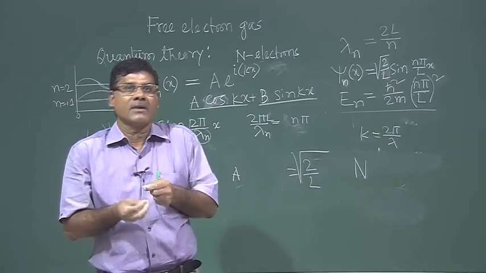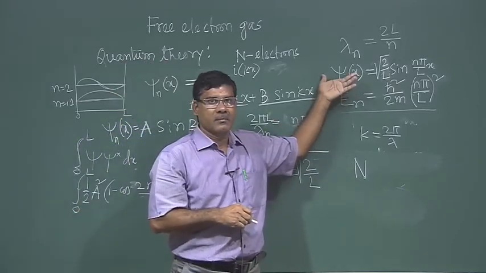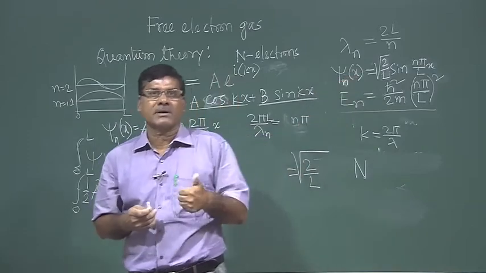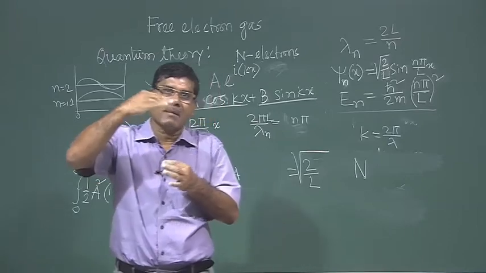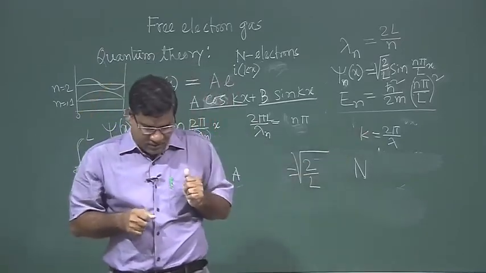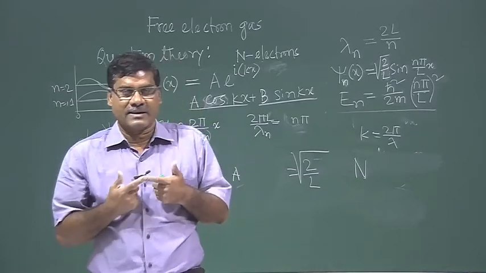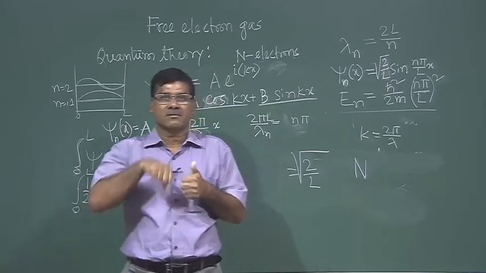All electrons I cannot put in n equal to 1. Maximum how many electrons can we put? One electron. So, I need capital N orbitals for N electrons. Now, we consider another fact, that electrons have two states, spin up and spin down.